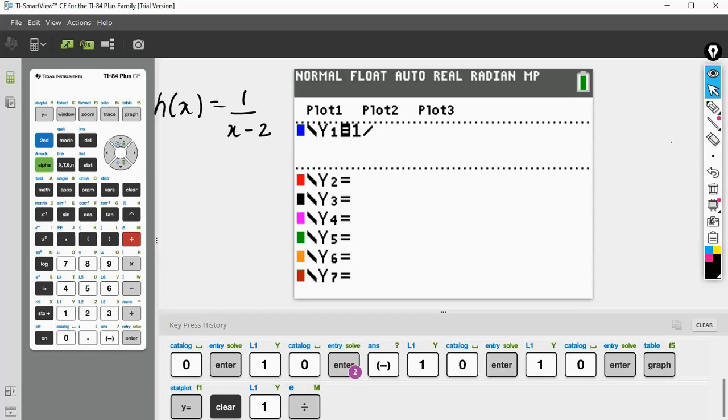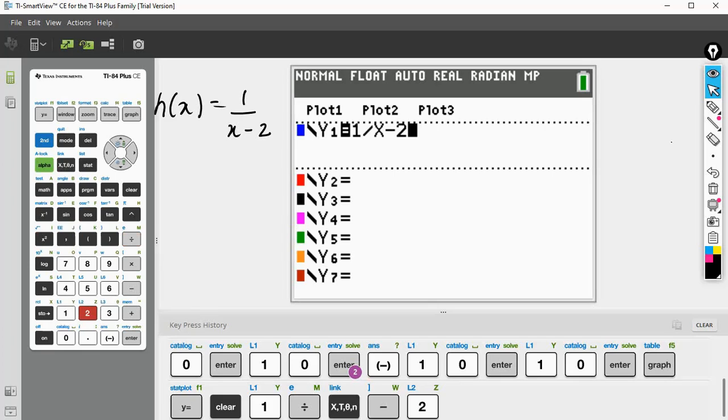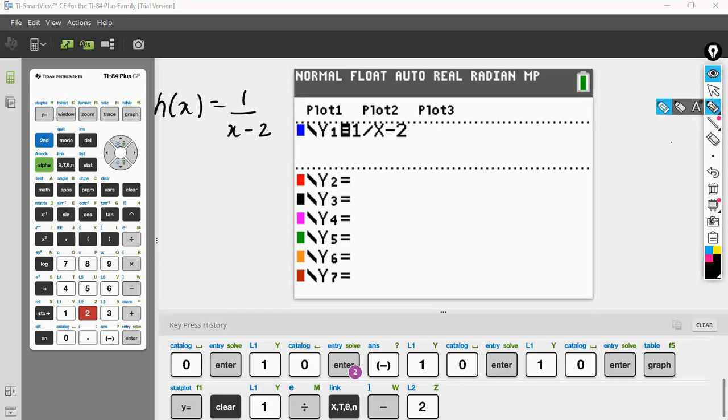If you type it in like this, x minus 2, the calculator is very stupid, and it's thinking that you're asking it to graph 1 over x, minus 2. And that is obviously not the same as this. So we need to use parentheses, okay? So keep that in mind, please.